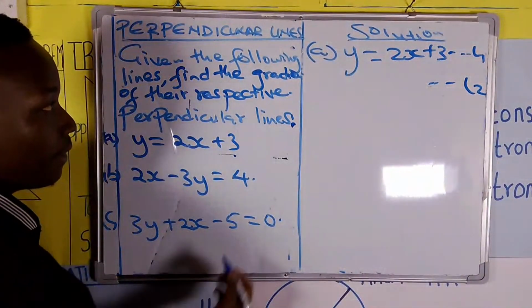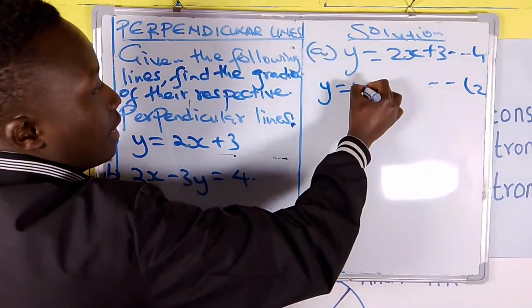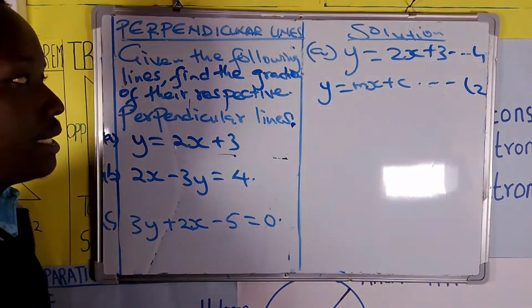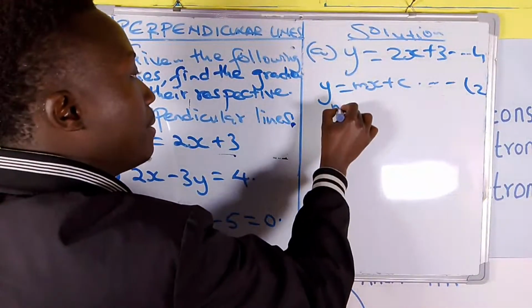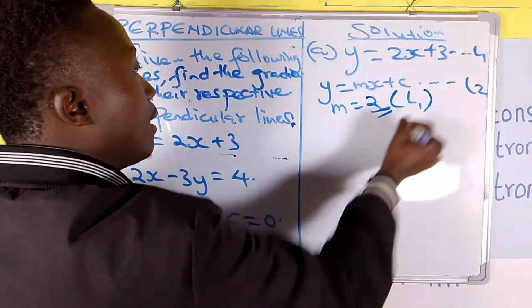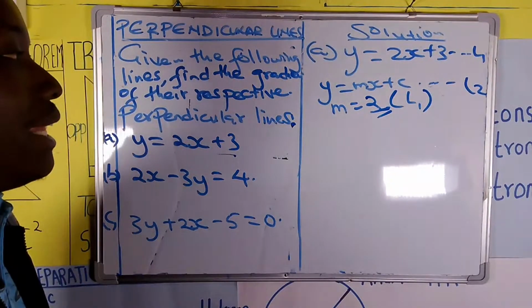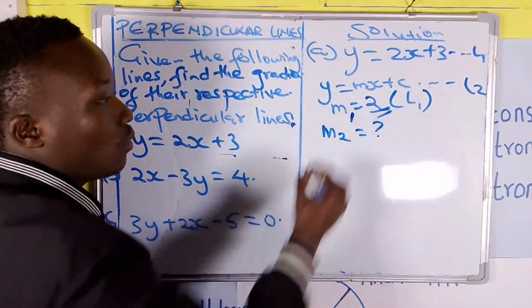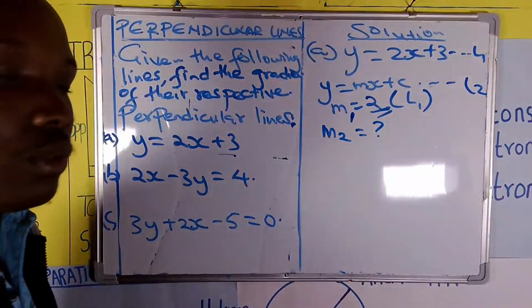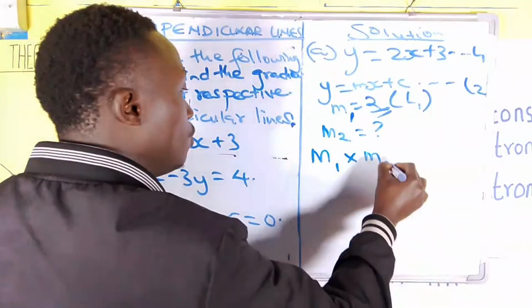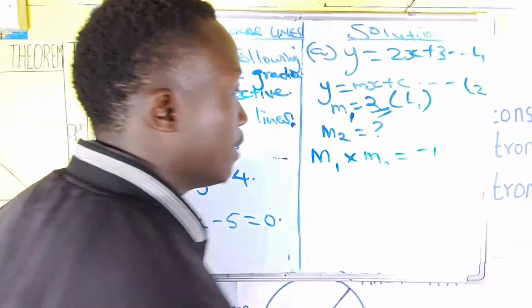Since the equation of a line is in the form y equals mx plus c, where m is the gradient, here our m is 2, that is m1 in line 1. For us to get m2, which we want to determine, we say m1 times m2 is equal to -1.